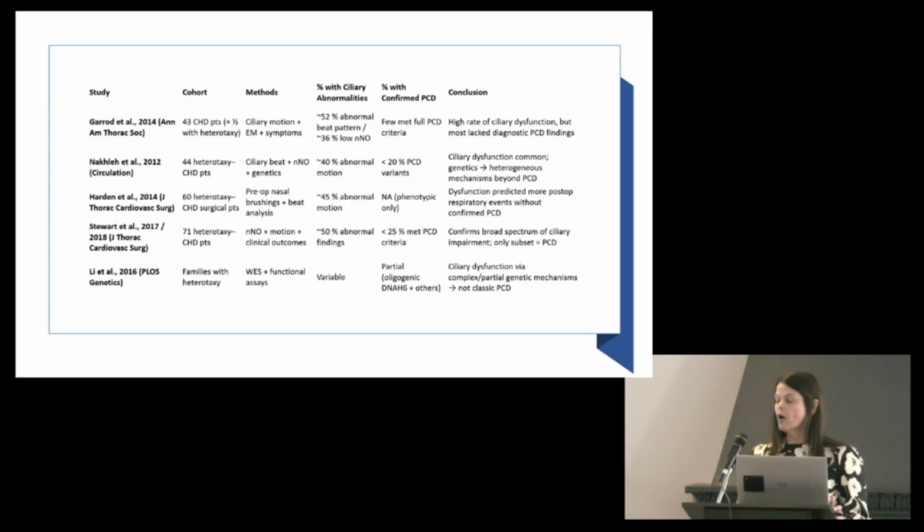There are multiple other cohorts that have demonstrated similar findings of significantly increased ciliary dysfunction and low levels of nasal nitric oxide, but only a subset of these patients met PCD criteria for diagnosis. This suggests that there are alternative mechanisms for ciliary dysmotility or dysfunction in patients with heterotaxy other than PCD.